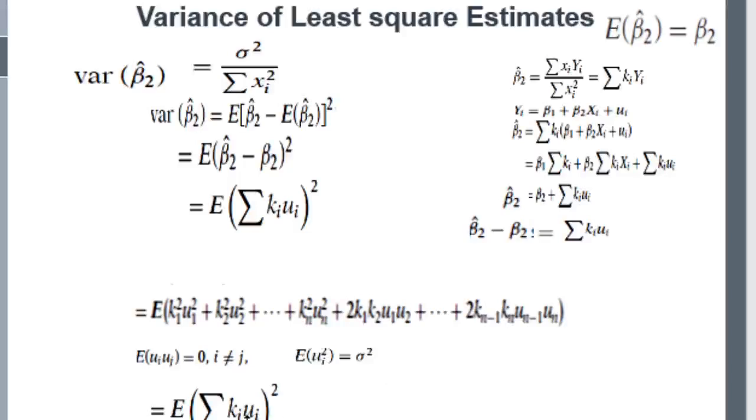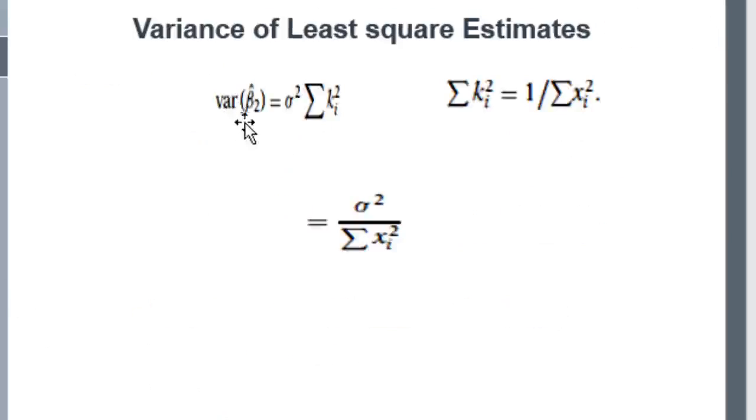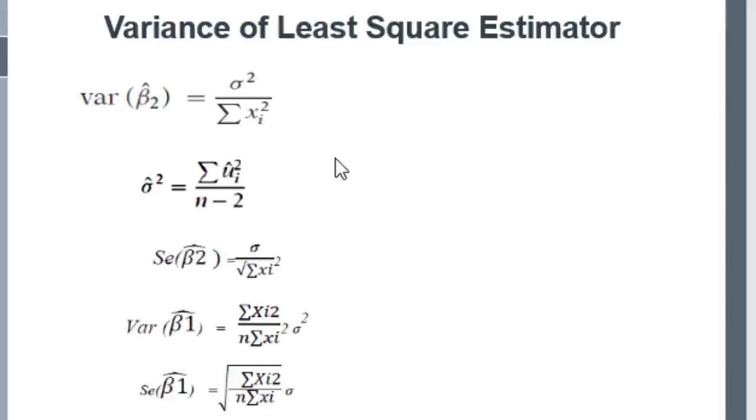Then this can be written as sigma square into sigma ki square, that is, variance of beta 2 cap equals sigma square into sigma ki square. Then replace this ki square by this formula, then we will get sigma square by sigma xi square. This is the variance of beta 2 cap.